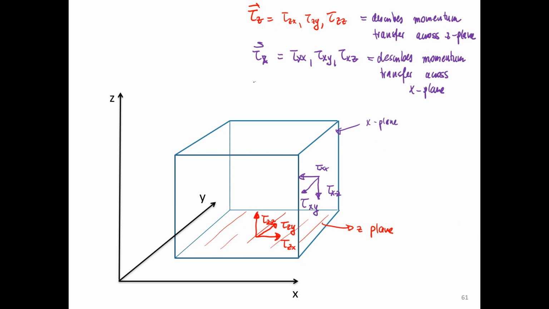And of course we would have tau zy, tau yz, if you just want for fun. Pick yourself a y plane and draw these. So these are viscous stress components.